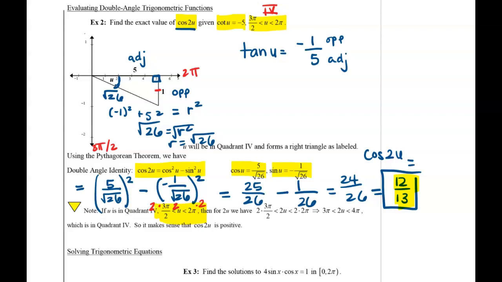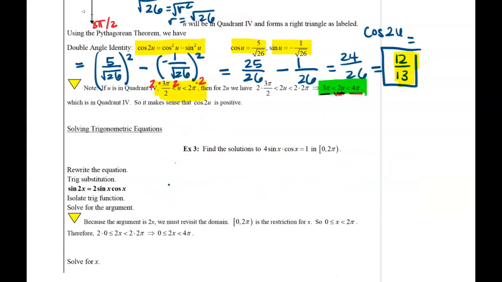So this gives me 6 pi over 2, which is 3 pi. 2u is in the middle, and then 2 times 2 is 4 pi. So this does change our domain. The double angle is going to be between 3 pi and 4 pi now.